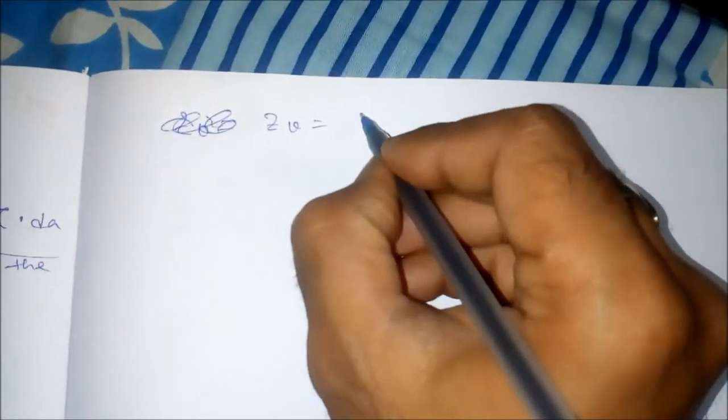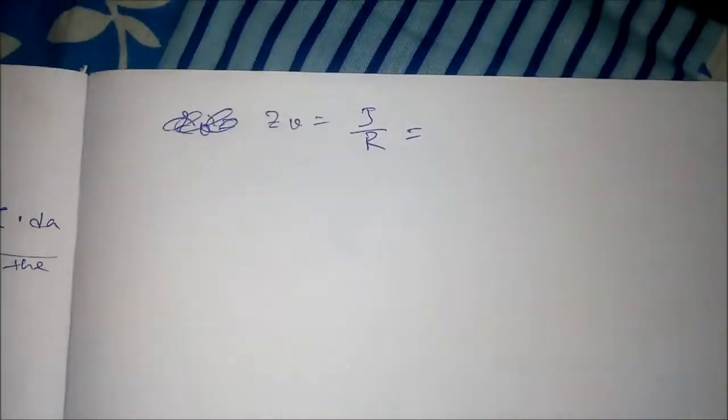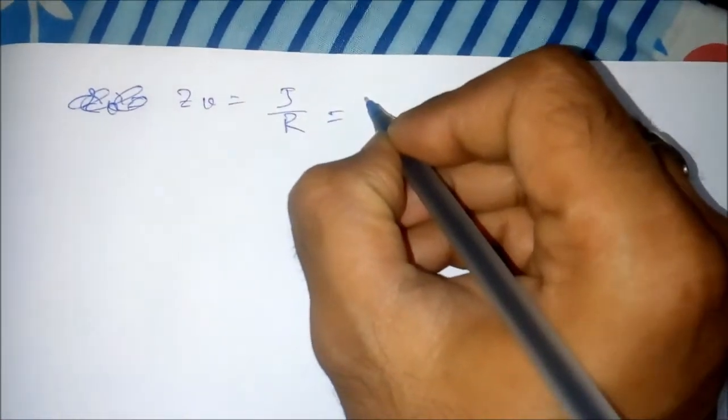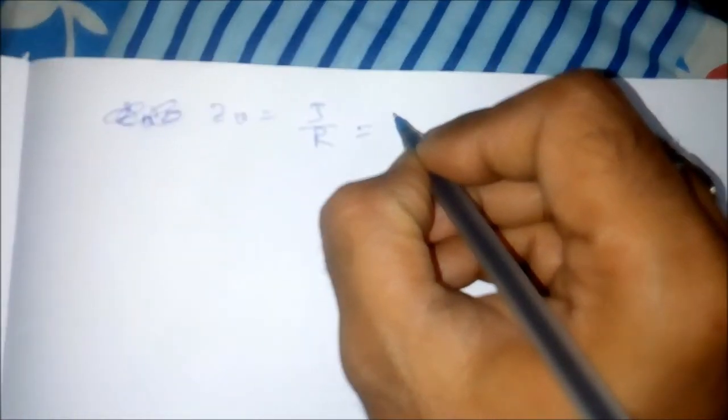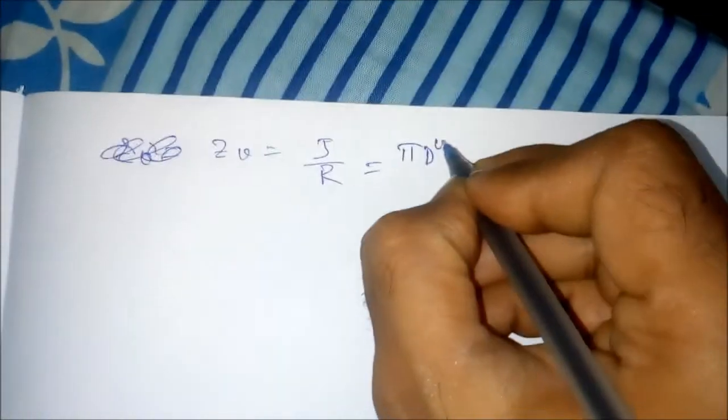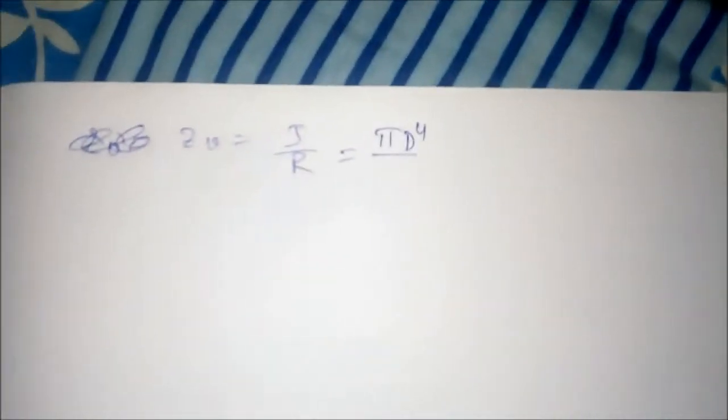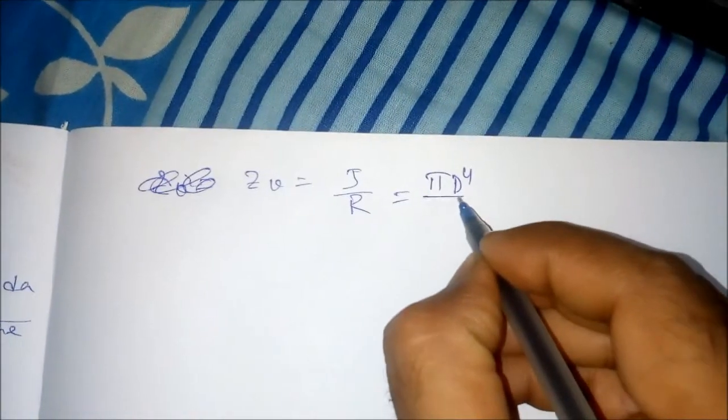Now what will be the value of the polar modulus Zp? It is equal to nothing but J by R. The value of J we have just found is pi d to the power 4 divided by 32, and R is nothing but d by 2.